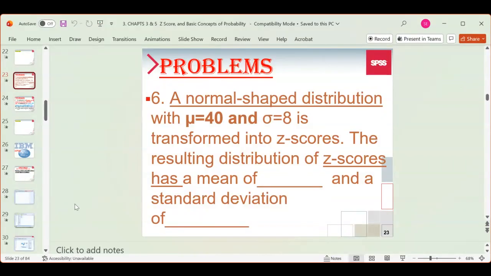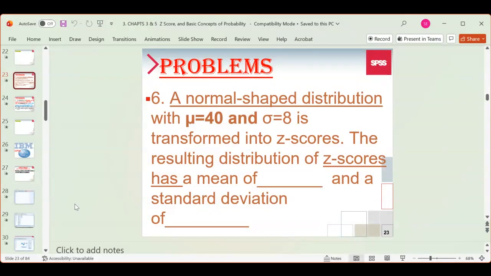It could say a standardized test, but any normal shape distribution, the main quality of these standardized tests is their normal shape distribution. So that's how you know. Mean is 40, standard deviation 8, whatever the test is.